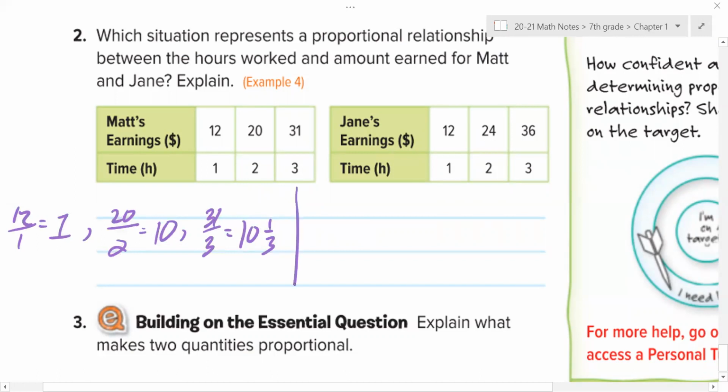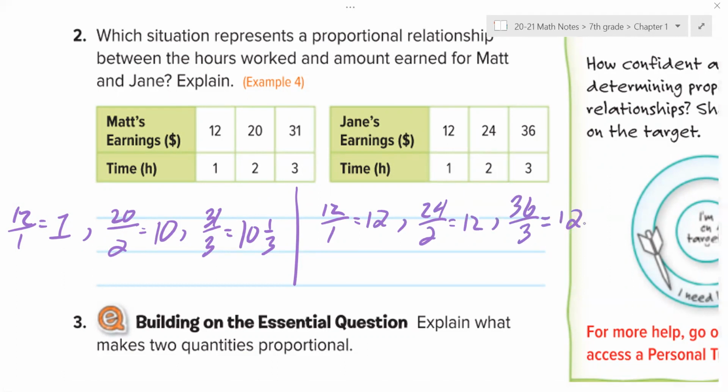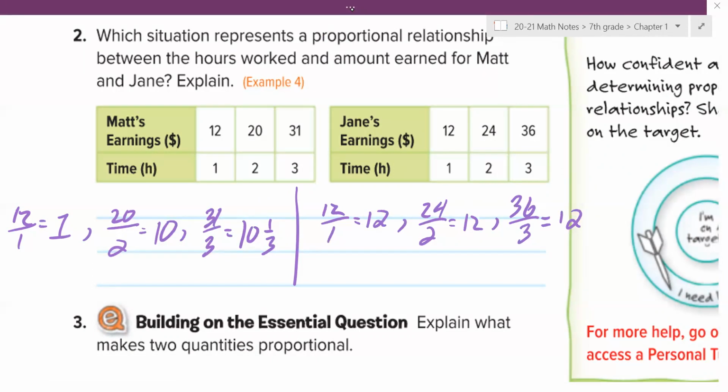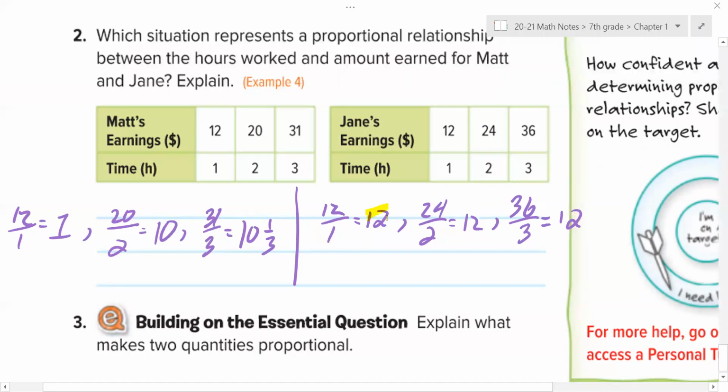Okay, how about Jane? 12/1 is equal to 12. 24/2 is also equal to 12. 36/3 is also equal to 12. So since we have the same ratio for all these, 12, 12, 12.